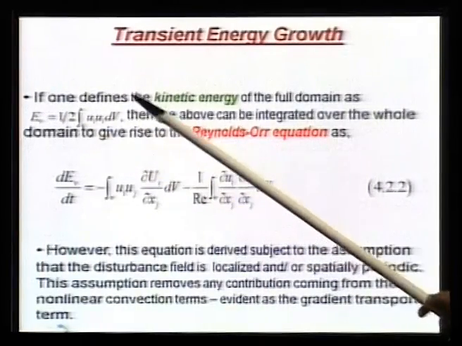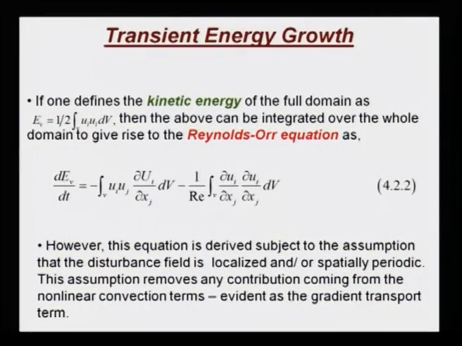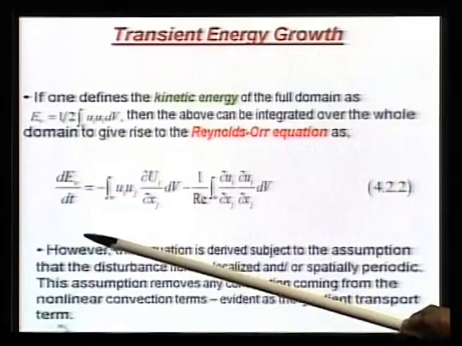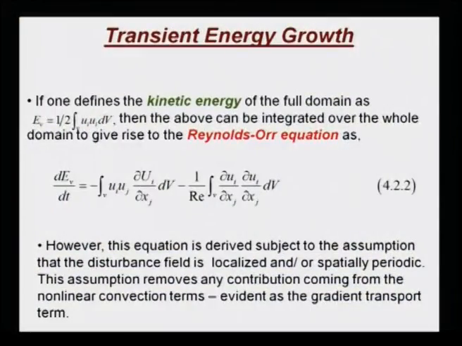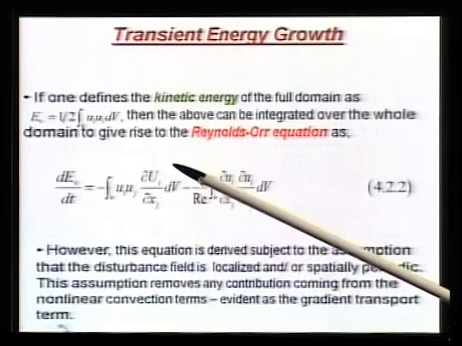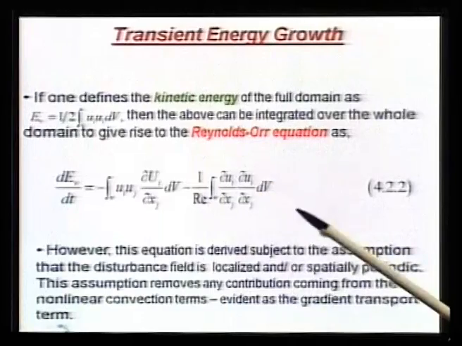So, that is your kinetic energy of the full domain. And the previous equation that I wrote, we saw that if we integrate over the whole volume, then the left hand side will give us the time rate of change of E_v, and the right hand side you get this term, okay, that comes from the effect of mean shear on the second moment term, and this is the viscous term.